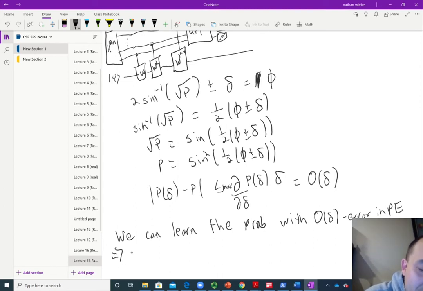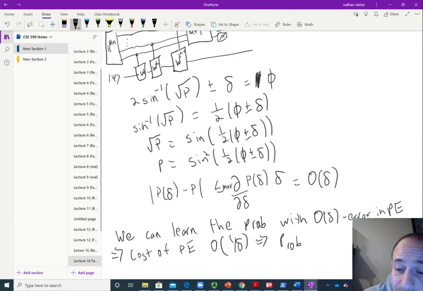And what that implies is, because the cost of PE within this error is order 1 over delta, this implies we can learn the probability with order 1 over delta applications of W, or more accurately, the controlled W operator.